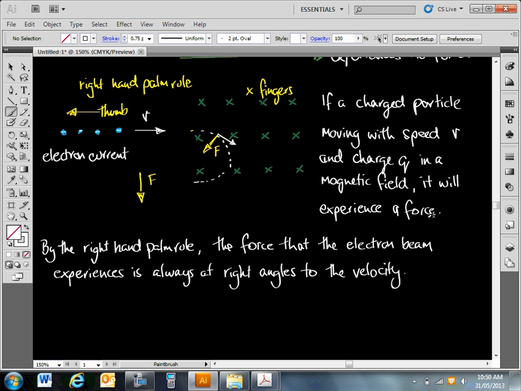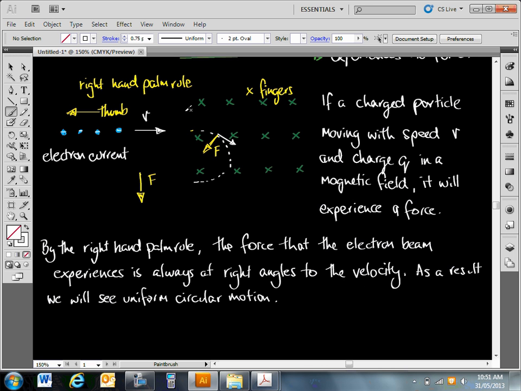As a result, we will see circular motion.